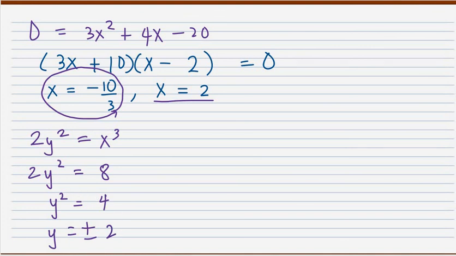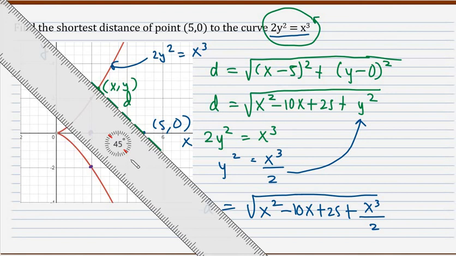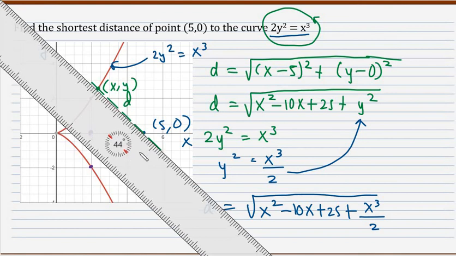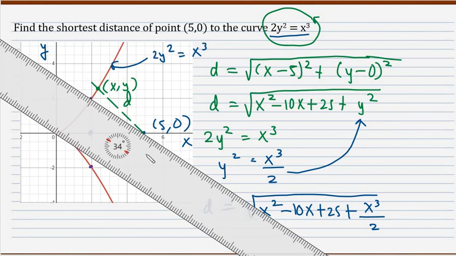This is true because we have a symmetrical curve, and when x is equal to 2, we hit two values in the curve, 2 and negative 2. So actually, the shortest distance would be this one, instead of my first drawing.